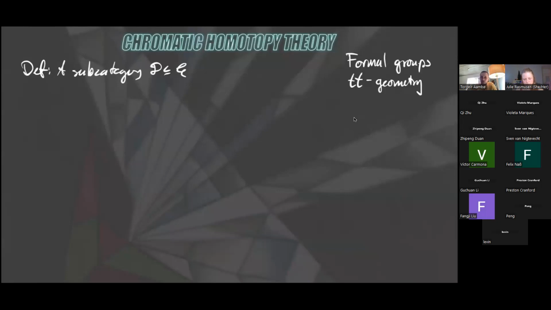So these are very, very nice, stable, symmetric monoidal infinity categories. If you have your favorite example in your head, for me it's spectra, these are examples. And usually the things we work with in stable homotopy theory are of these kinds of categories.